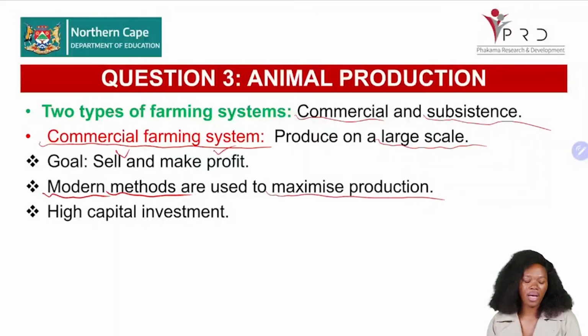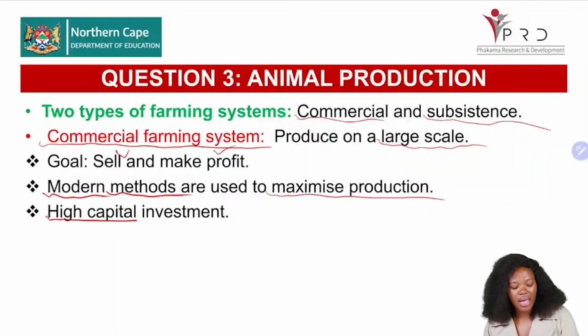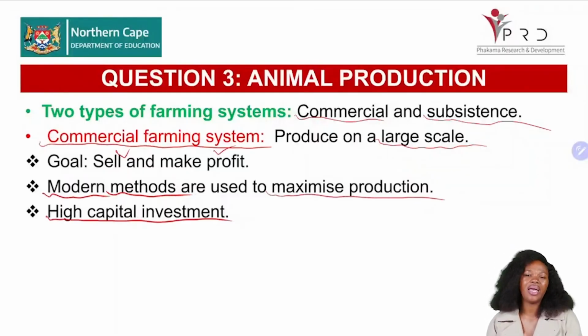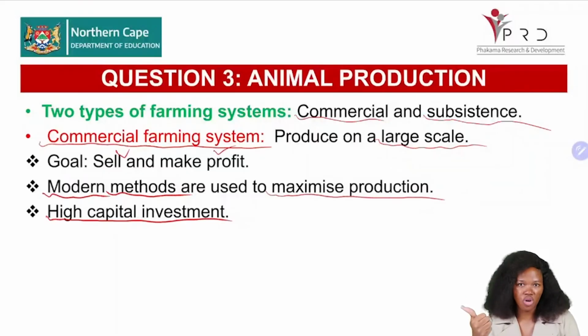And also remember, it also includes high capital investment. There is a use of technology, and we are raising a large number of farm animals to sell and make profit. That is a goal.